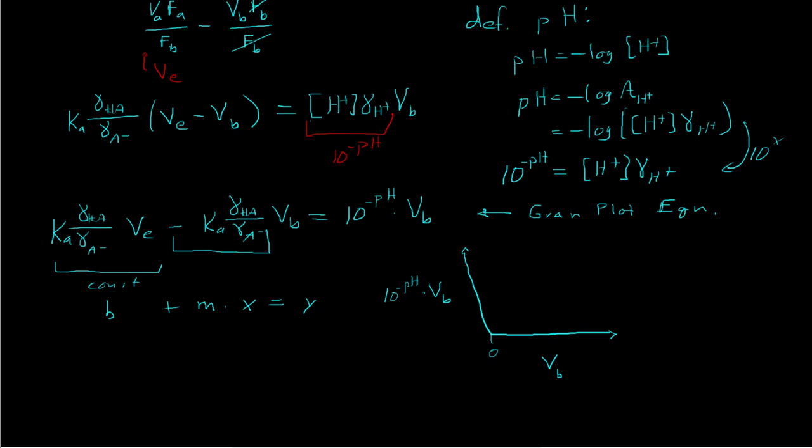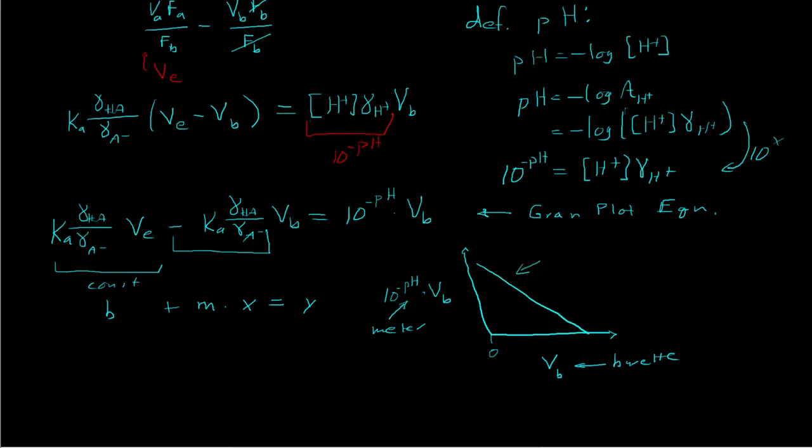So both axes are things that we can measure. We measure the volume of base from our burette reading, and up here we get pH from the pH meter, and again the volume of base from our burette reading. And so according to this equation, we should get a straight line.